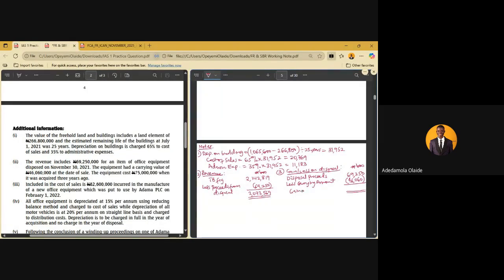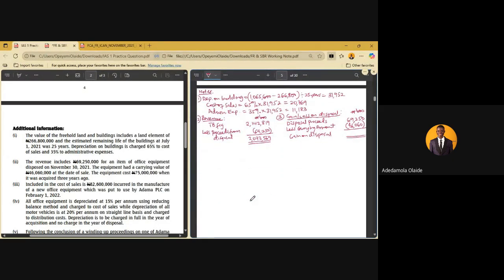That's the gain. Gain on disposal: 23,190.